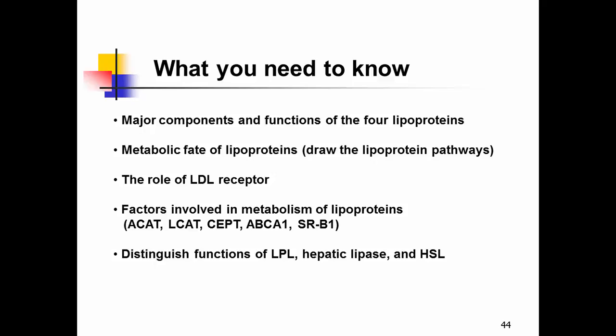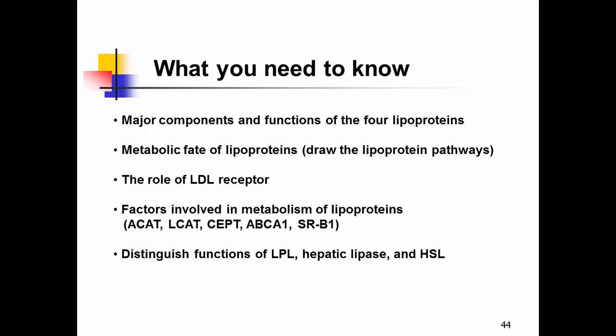And VLDL is synthesized in the liver, and its function is to transport the triglyceride from the liver to the adipose tissue. And also we consider the different physiological conditions, right? In the fed condition, the VLDL basically transports triglyceride from the liver, and this triglyceride is initially converted from carbohydrate, right?